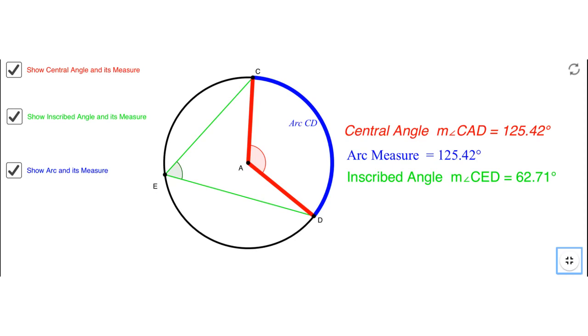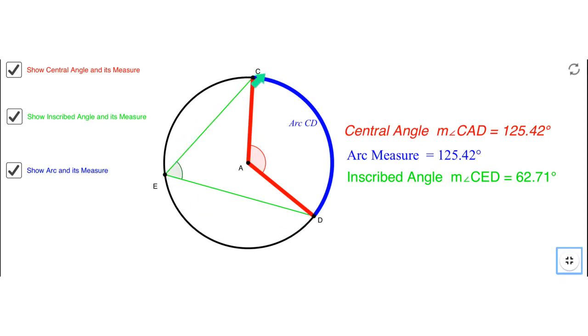Anything greater, if we had gone from C back the other way around to D, that would be a major arc. Major arcs, like this one, are going to be CED. It would use at least three letters to name it. Arc CED would be a major arc.